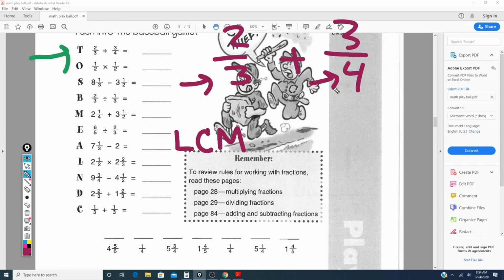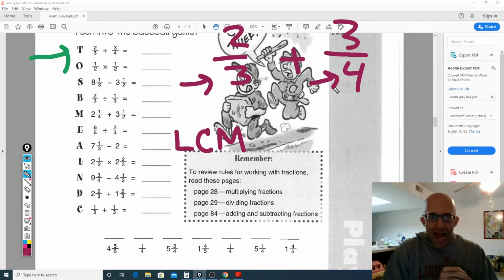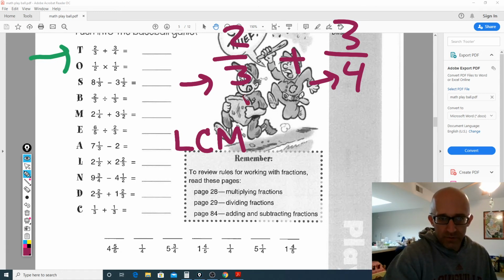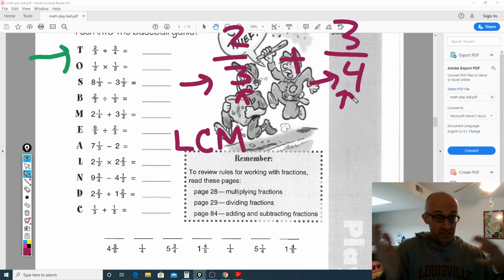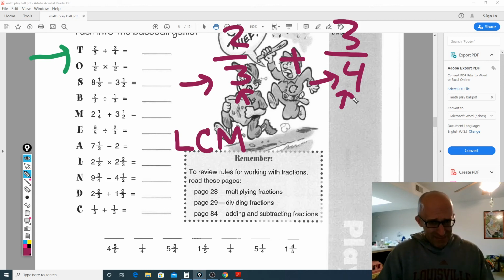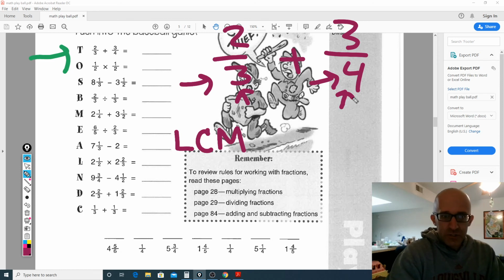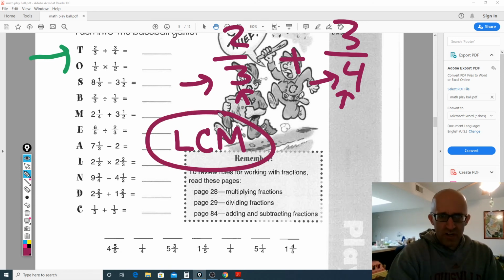I usually will just take the 3 and multiply by the 4. With these smaller numbers, you can do that. If you have numbers like 256 and 17, it becomes kind of odd figuring that out. But in this instance, you're trying to find the least common multiple of both 3 and 4.